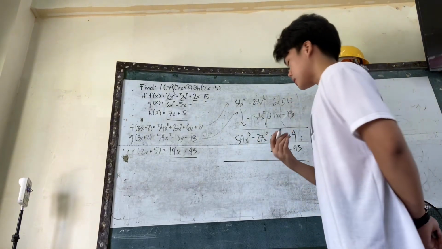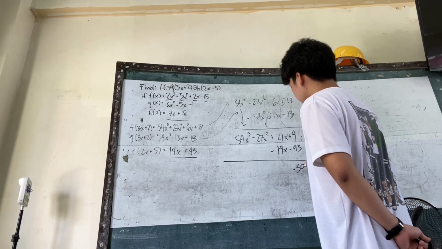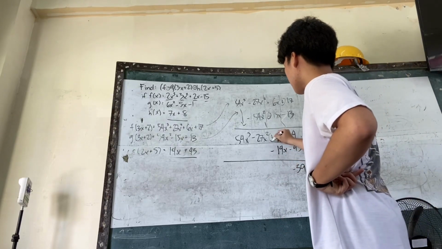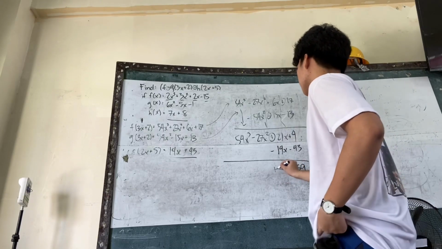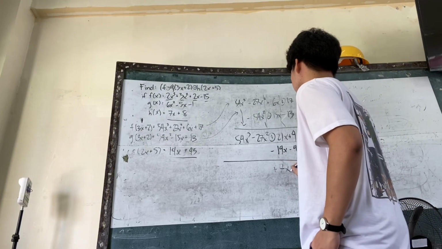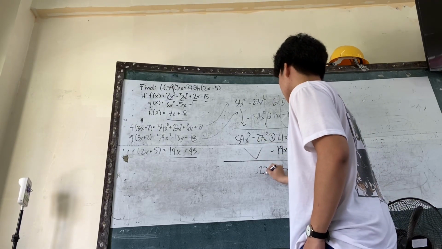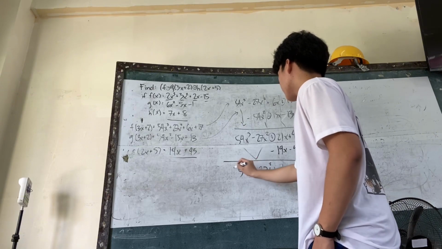Negative 43 plus 4 is equal to negative 39. Negative 14 plus 21, so copy the sign of the higher value, plus 7x. Copy the variable and bring down these two: minus 27x² plus 54x³.